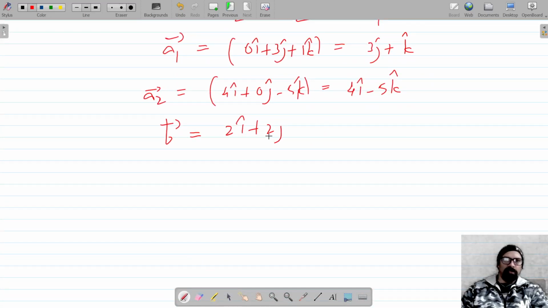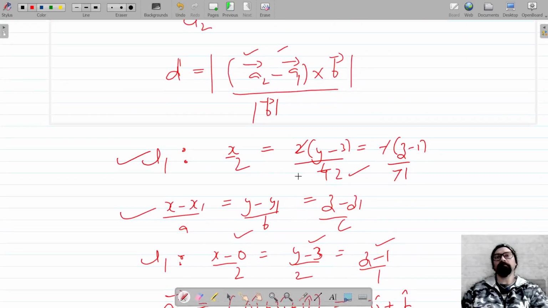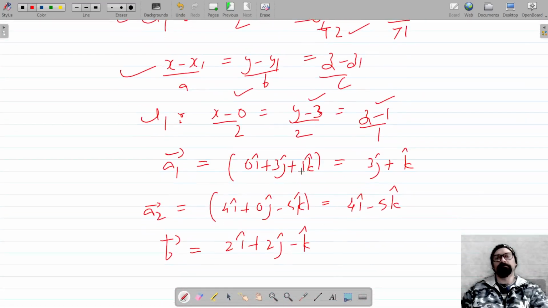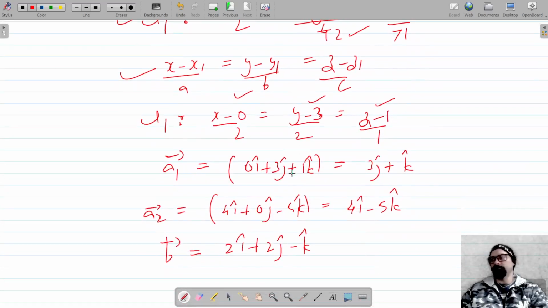So this is 2 i cap, 2 j cap, plus k cap. So we have got the position vectors A2, A1, and the parallel vector B.